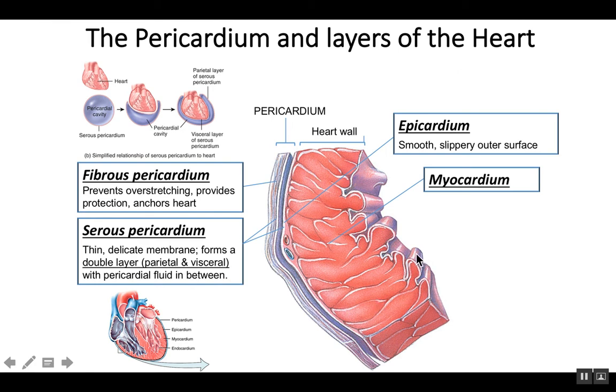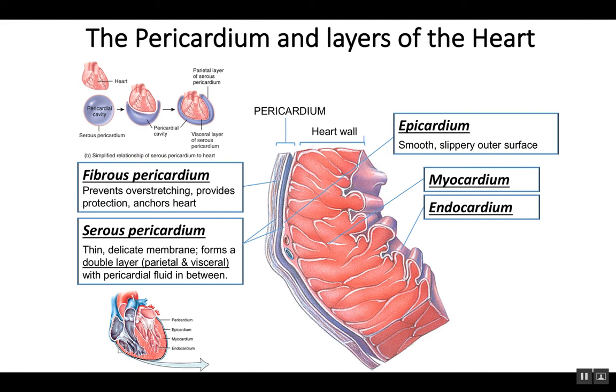Then the inner lining of the heart chambers is known as the endocardium. And that's another very slick, very smooth surface because that's where the blood is going to be moving. So there's a lot of different layers. We have to keep them straight somewhat. But the best way is to move from the outermost, fibrous, hit the serous, hit the myocardium, and then the endocardium.